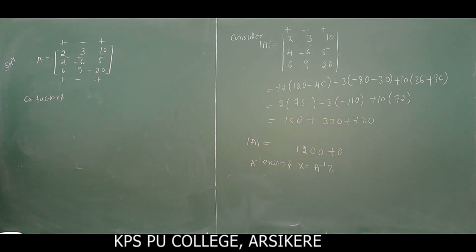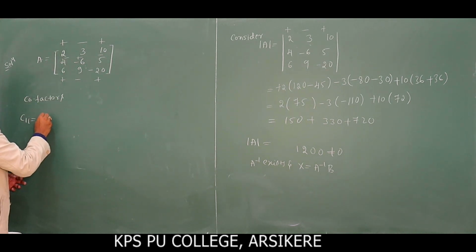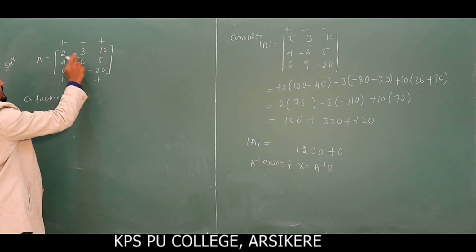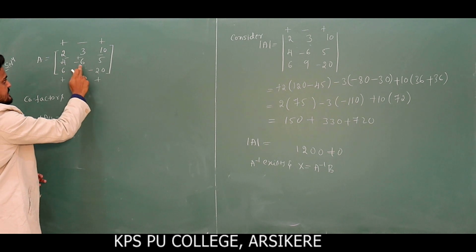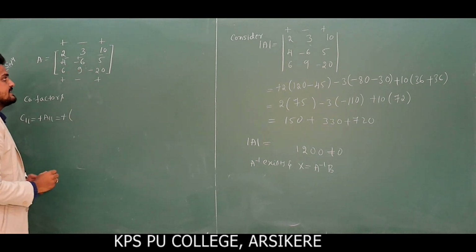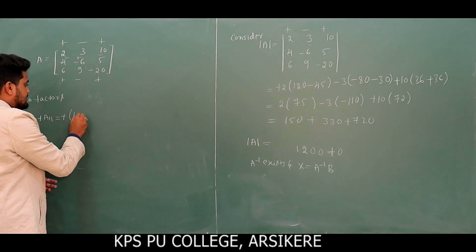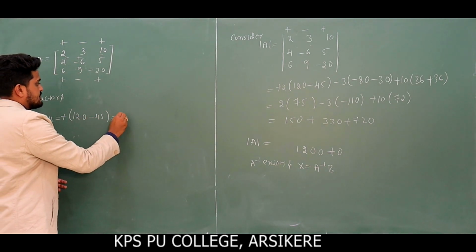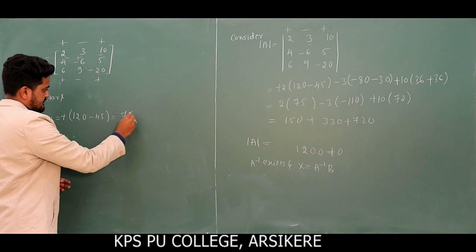First, the cofactor of A11 is C11, with sign plus, eliminating the first row and first column. Minus into minus is plus. 6 into 20 is 120, 120 minus 45, which is equal to 75.